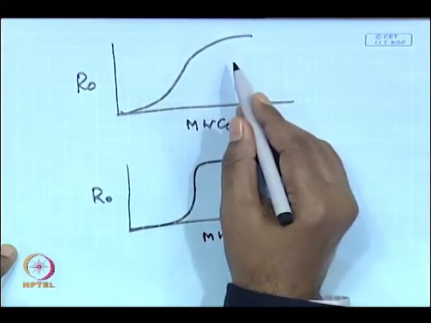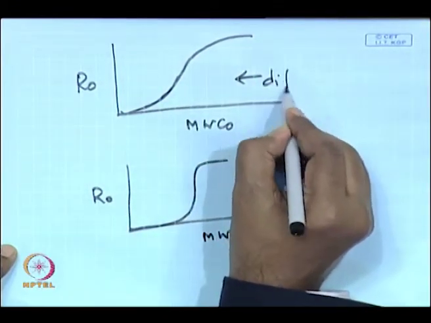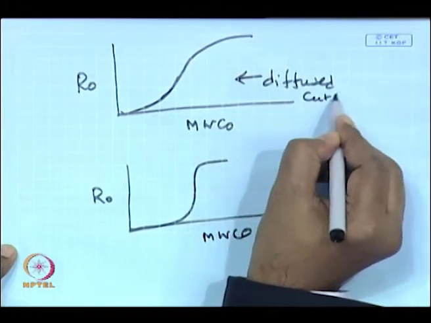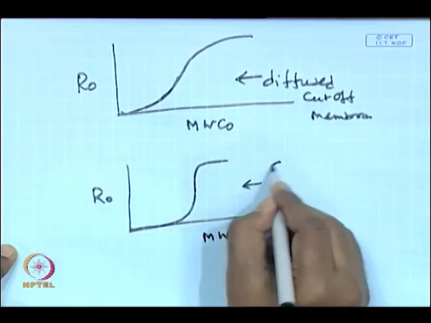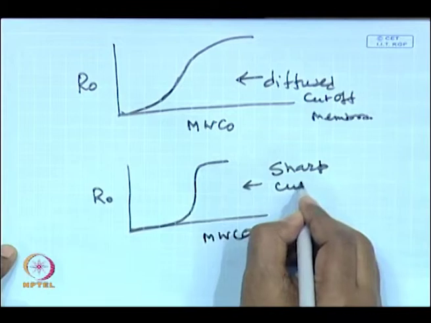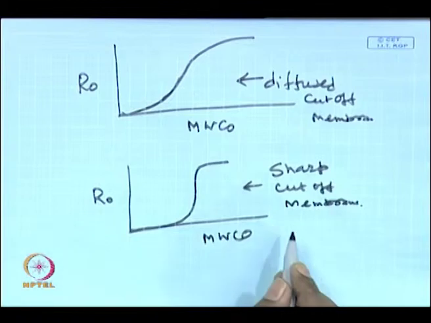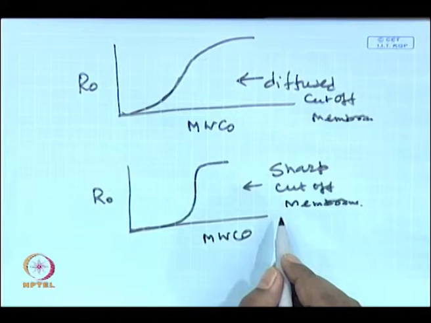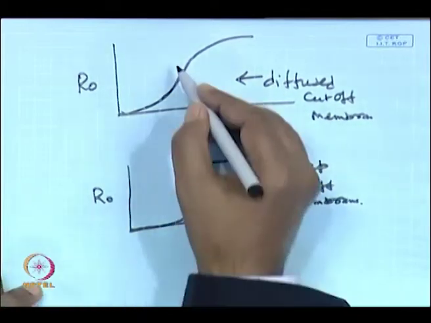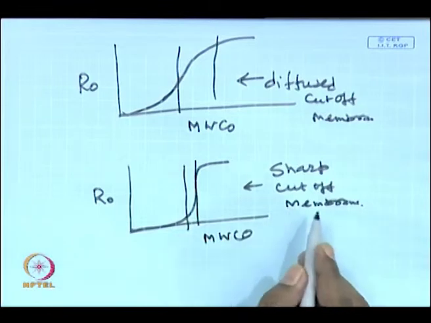It can be a diffused cutoff membrane, that means this is spread out, okay, and it is known as a diffused cutoff membrane, and this is called a sharp cutoff membrane. That means, if I talk about a membrane of a molecular weight 10,000 cutoff, that 10,000 may not be very sharp. That means, it can retain molecular weights 10,000 or 9,000 even. So, that is called a diffused cutoff membrane, and this is a stiff or sharp cutoff membrane.